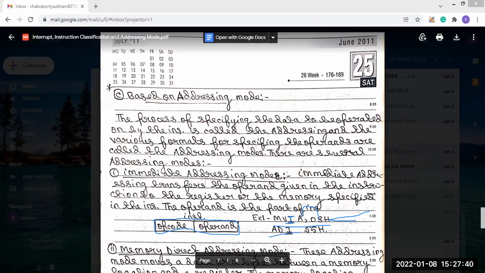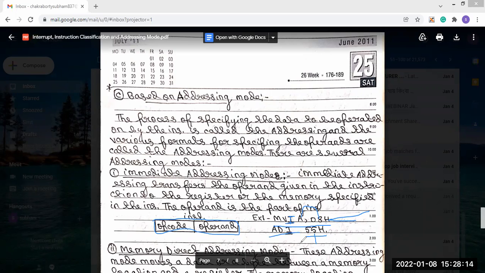Then the next instruction, ADI 55H. This 55H is the operand or the data, and here no register is mentioned. So we are doing the operation with the content of the accumulator, because if nothing is mentioned, that means it is the accumulator. The 55H should be added to the content of the accumulator.